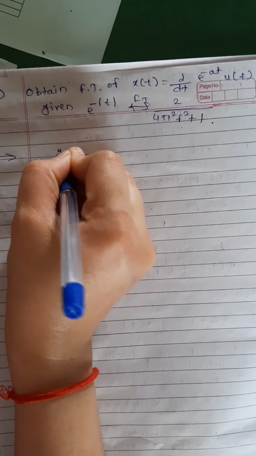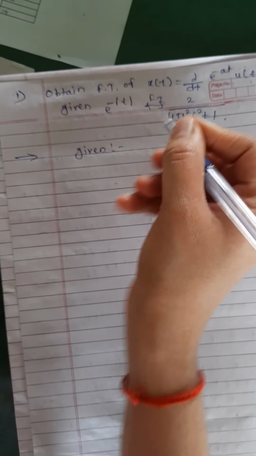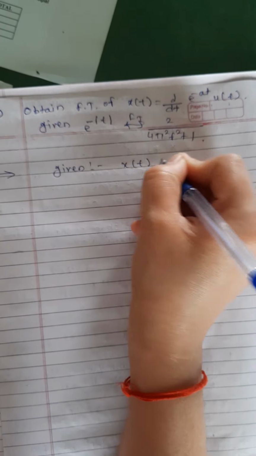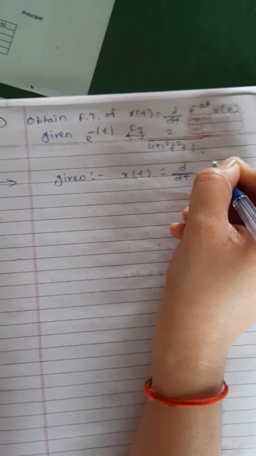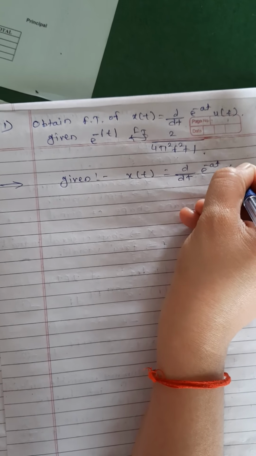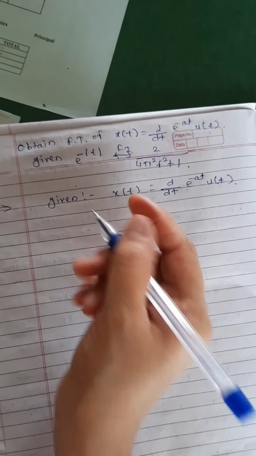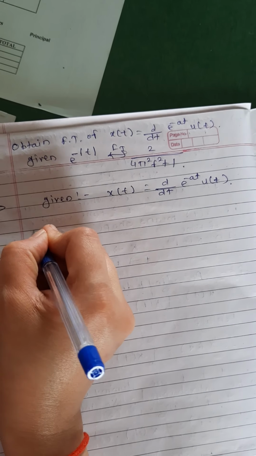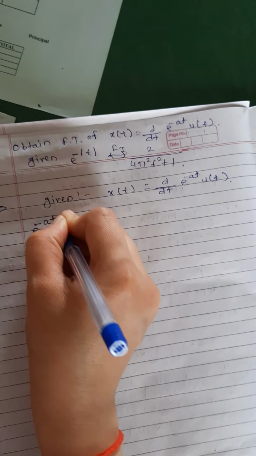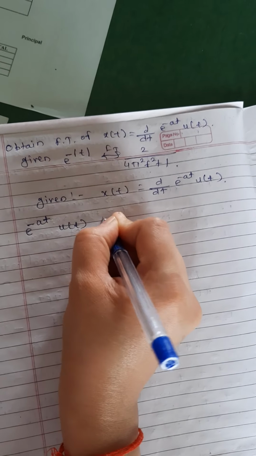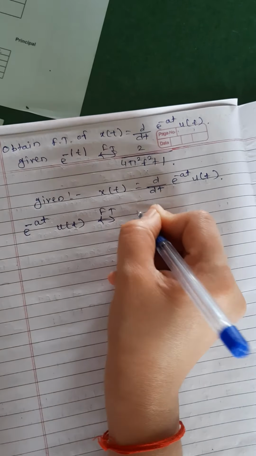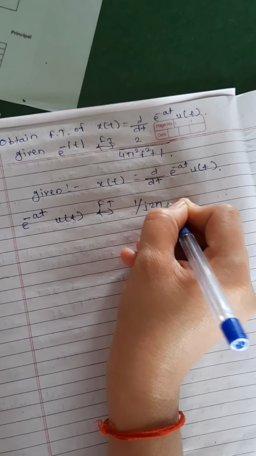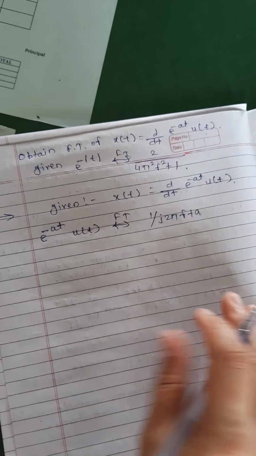So first we write down what is given. Given is that x of t is equal to d by dt of e raised to minus at u of t. So we have e raised to minus at u of t, its Fourier transform is 1 by j2 pi f plus a. We have already seen all the properties.